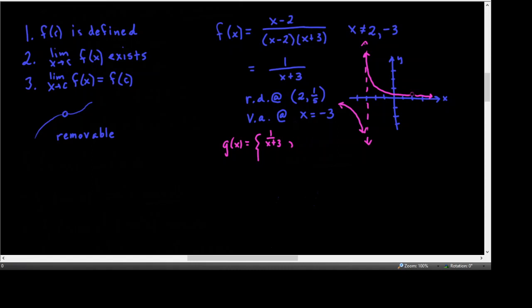We're going to say that g of x is what we had for f of x everywhere except at 2, and otherwise can be evaluated at 2 using this expression.